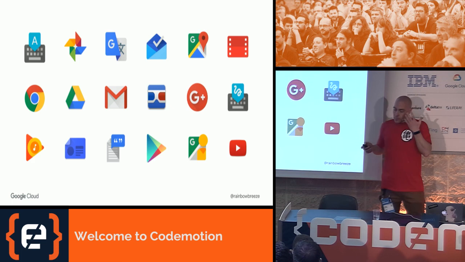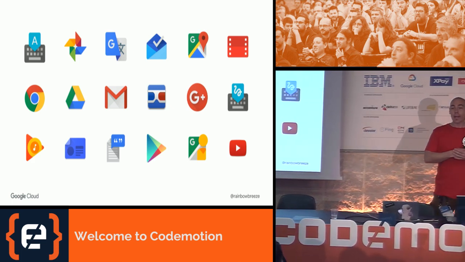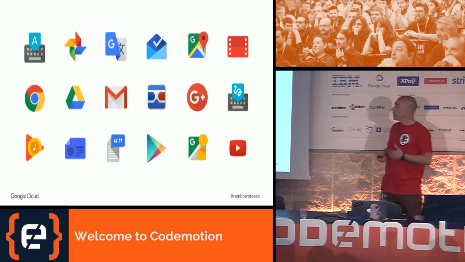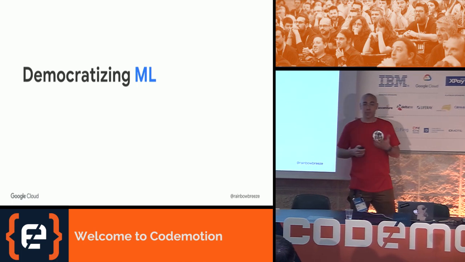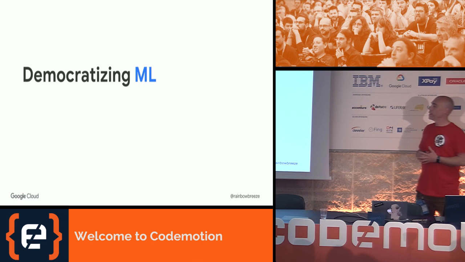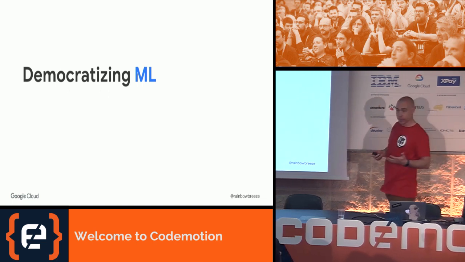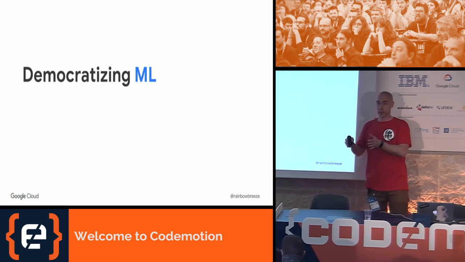Because we have seen how machine learning is useful in a variety of different tasks, we think that it's important to democratize the usage of machine learning. It doesn't mean making machine learning super easy to understand, because again, it's complex, but making machine learning as easy as possible to use.